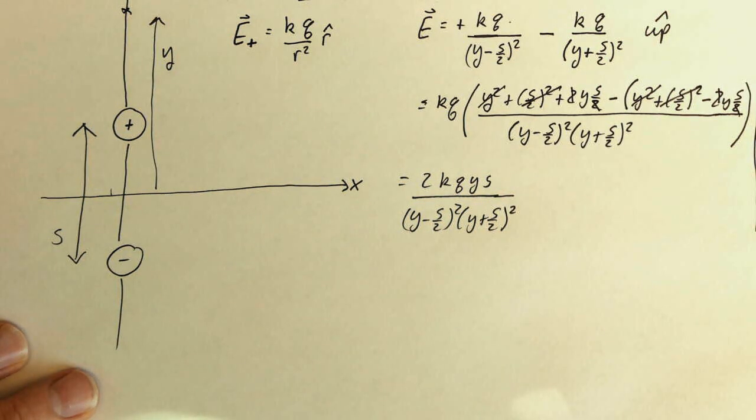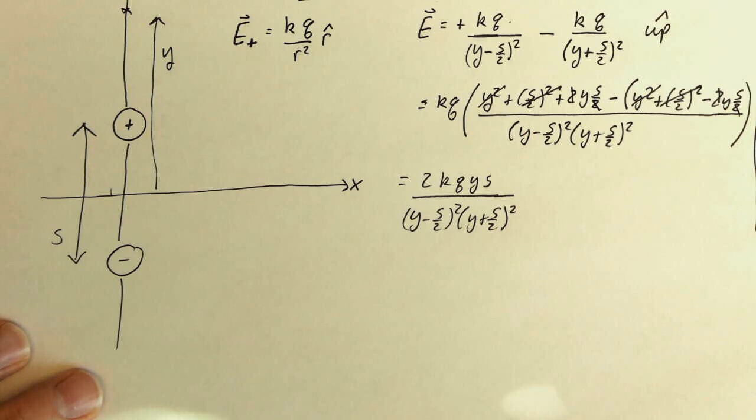Alright, that doesn't look terribly good either, but now let's go ahead and consider a good approximation. If I'm looking at a molecule, even if I'm a micron away, molecules are teeny. Molecules are super small, nanometer size.